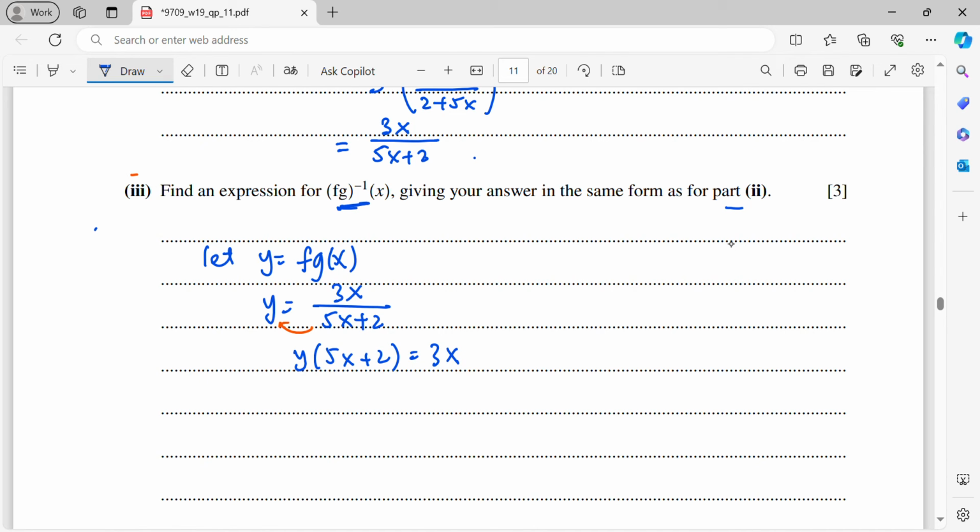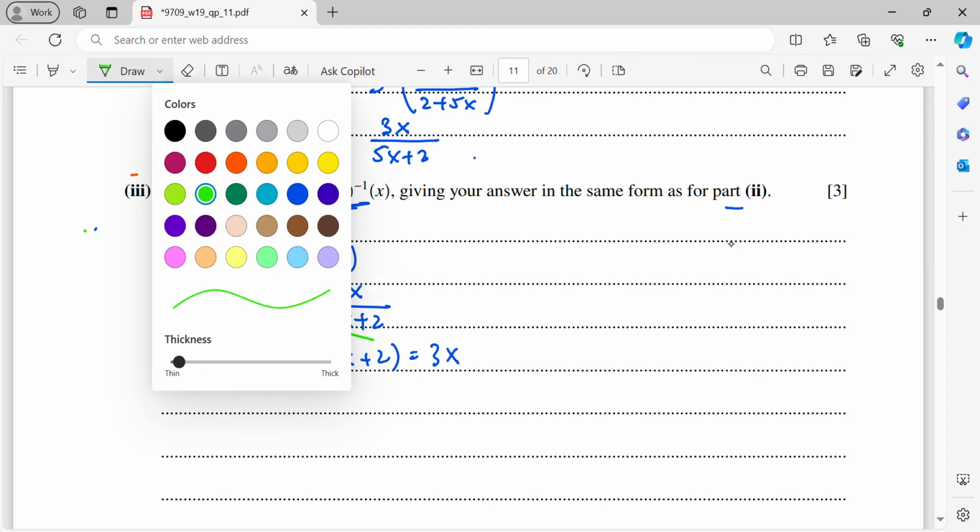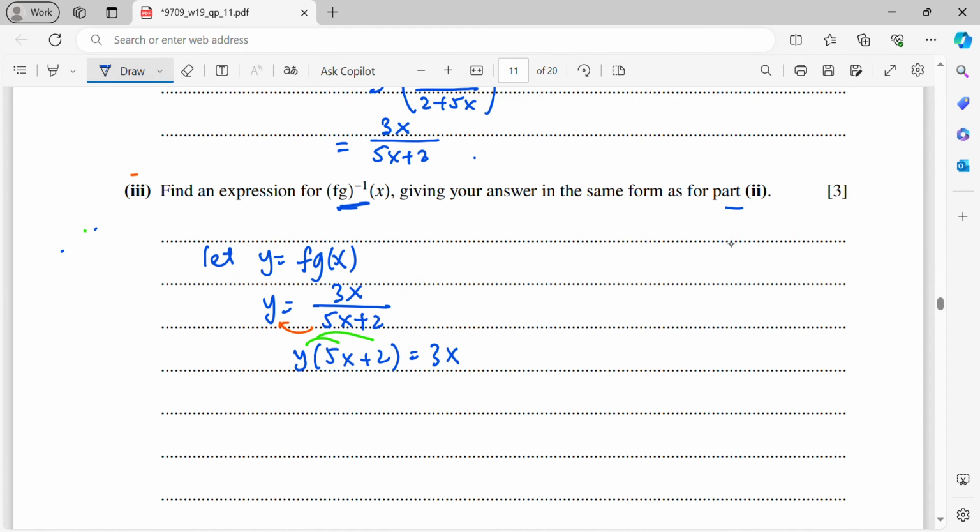Now I need to get x as the subject instead of y. So for the left hand side, I will do expansion. That means you will be getting 5xy plus 2y equals 3x. And now since we need to get x as the subject, I will move the 5xy to the other side.